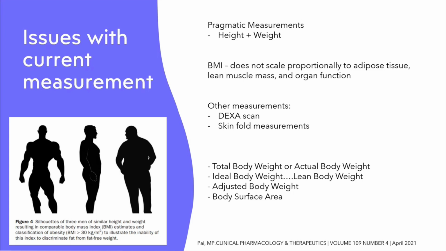When you read different papers on dosing antimicrobials in obesity, you will see any variation of different body size descriptors, whether it's total body weight or actual body weight, ideal body weight, lean body weight, and then of course things like adjusted body weight and body surface area, which is certainly much more, whether it's well validated or just well used, in the oncology field when it comes to dosing chemotherapy agents.